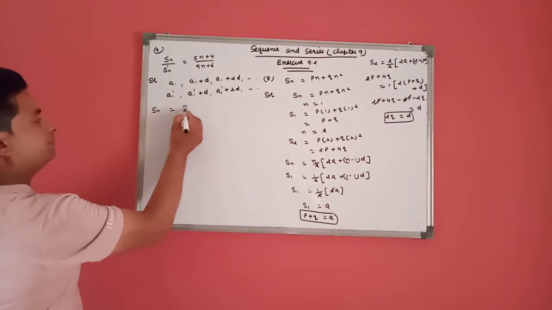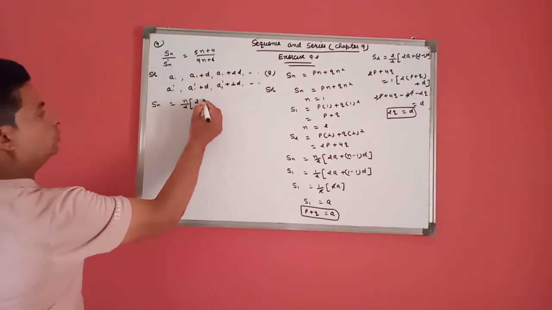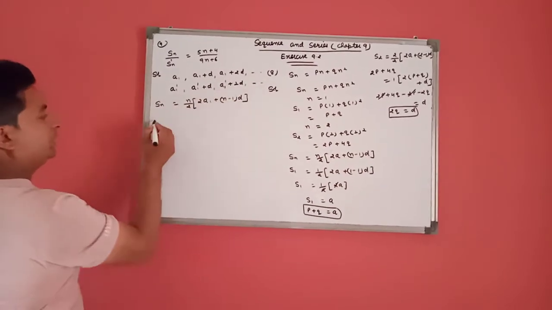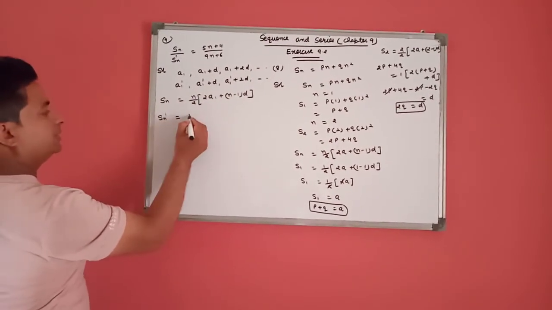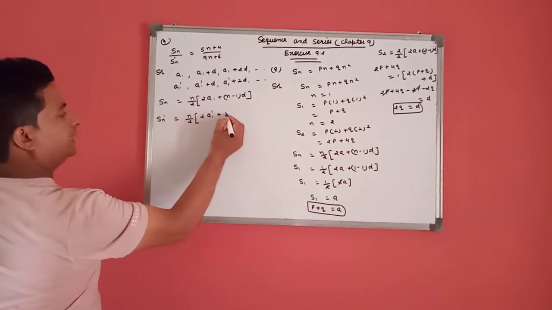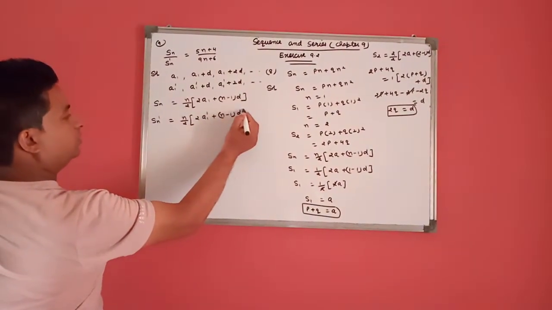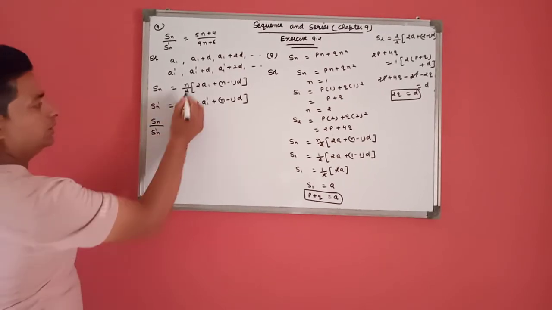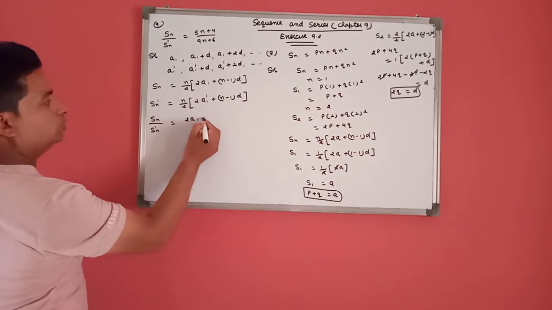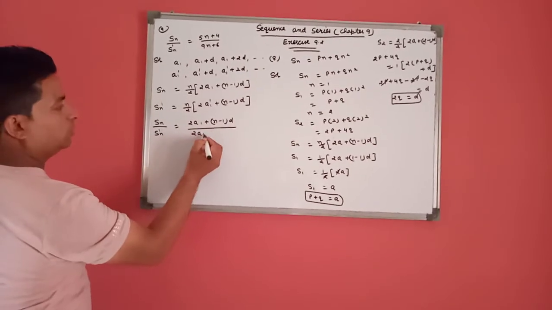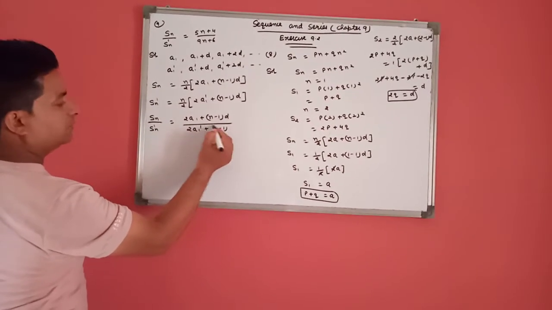The sum of the first AP is n upon 2, 2a1 plus (n minus 1) into d, and the sum of n terms of the second AP is n upon 2, 2a1 dash plus (n minus 1) into d dash. When we divide these two, this cancels out, so 2a1 plus (n minus 1) into d upon 2a1 dash plus (n minus 1) into d dash.